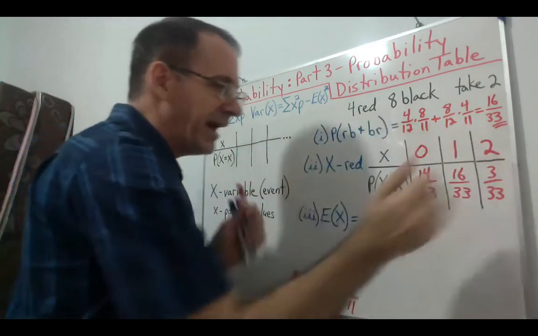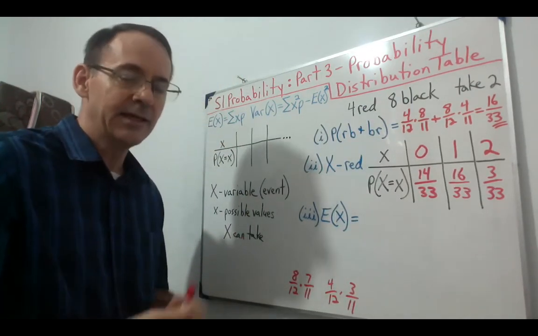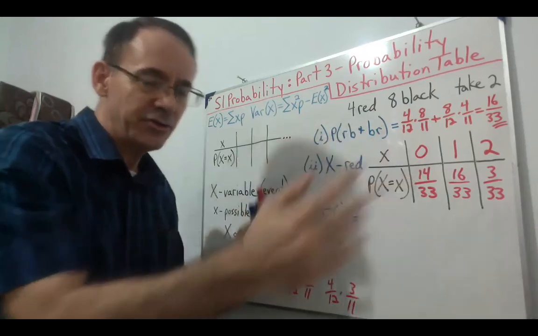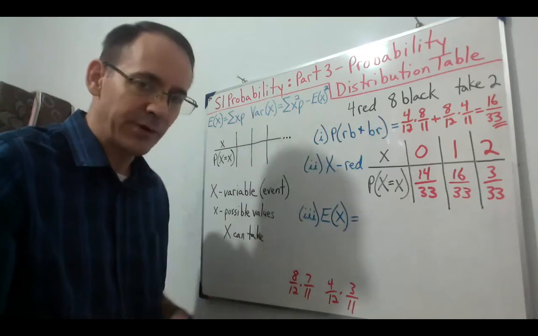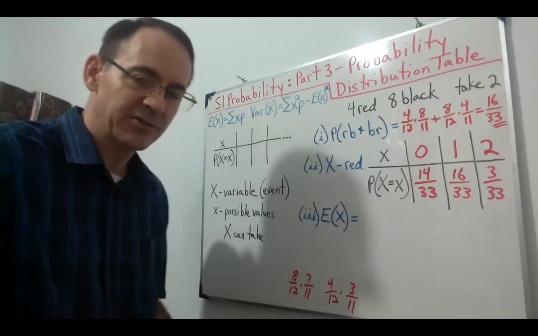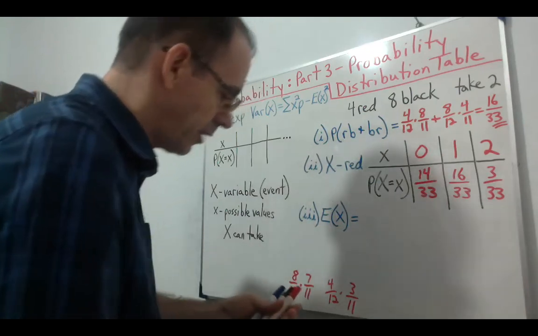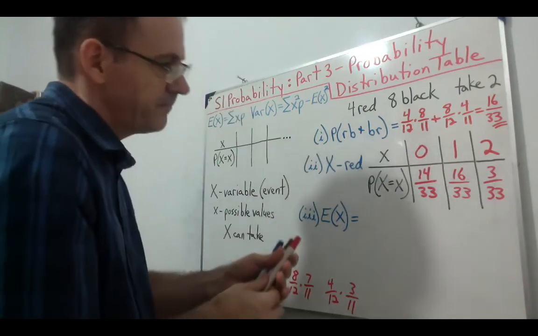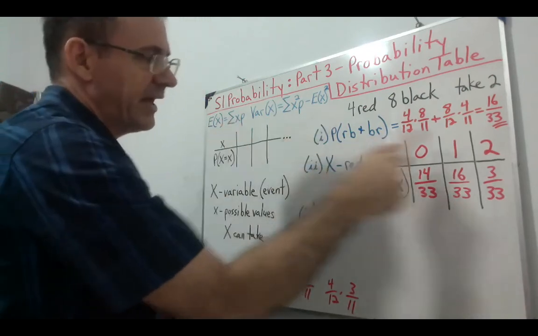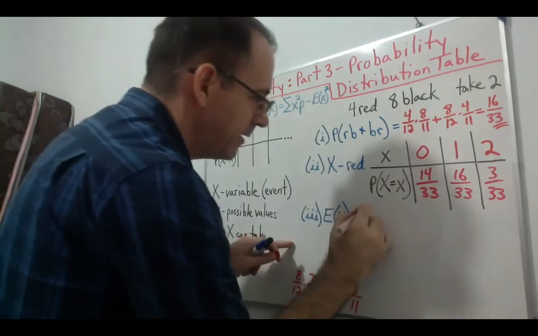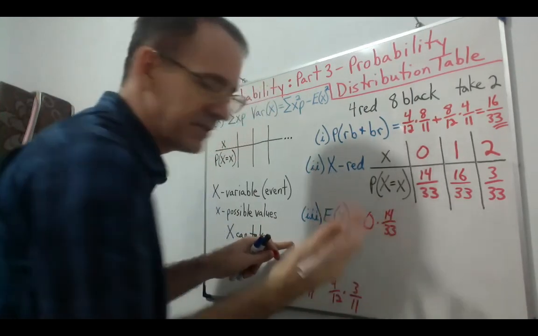Now that you have that filled, we can find the expected mean. In other words, if you were to do this over and over again, what would be the average number of red socks that you would expect to get from 2 draws? To do this, again, we do the summation of each X value times its probability. So 0 times 14/33, and that's just 0.